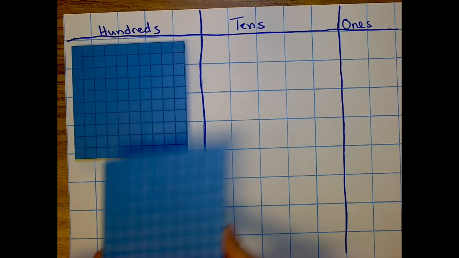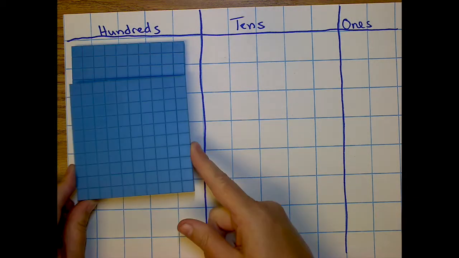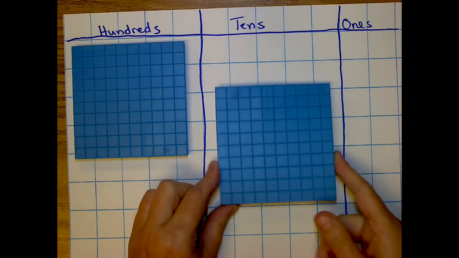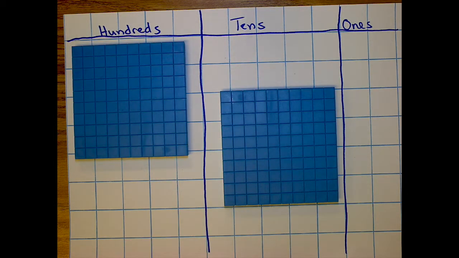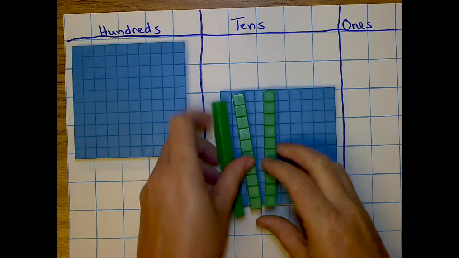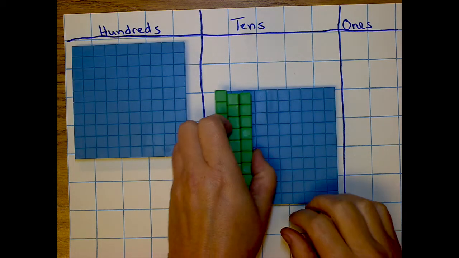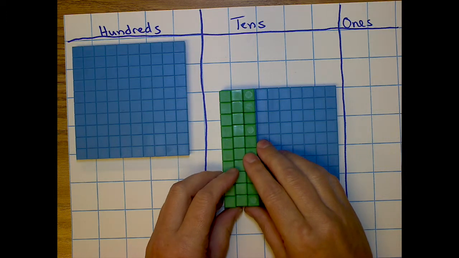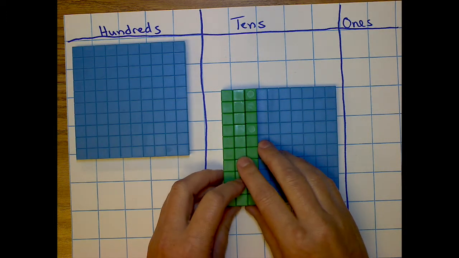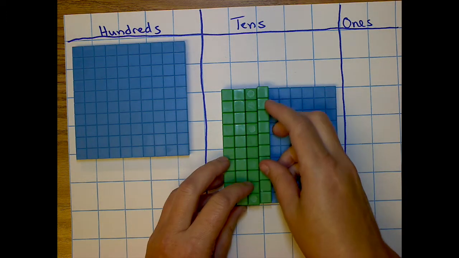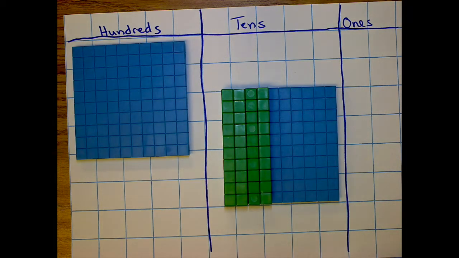Okay, so basically, if I want to move this piece over to here, there's 100 pieces in this. How many are in each of these pieces? 10. There's 10 in each of these, so these could go in the tens column, right?